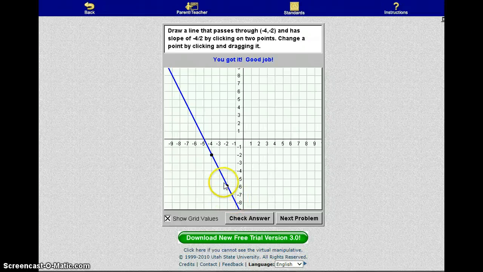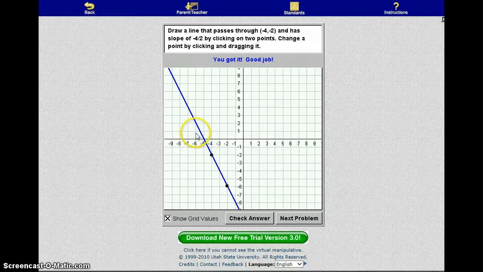Now, we need to be able to determine the equation of that line. And even more important is this line would model some type of problem. Wonder what this line would model. But we do know that there would be a constant rate of decline for every x that we go up.